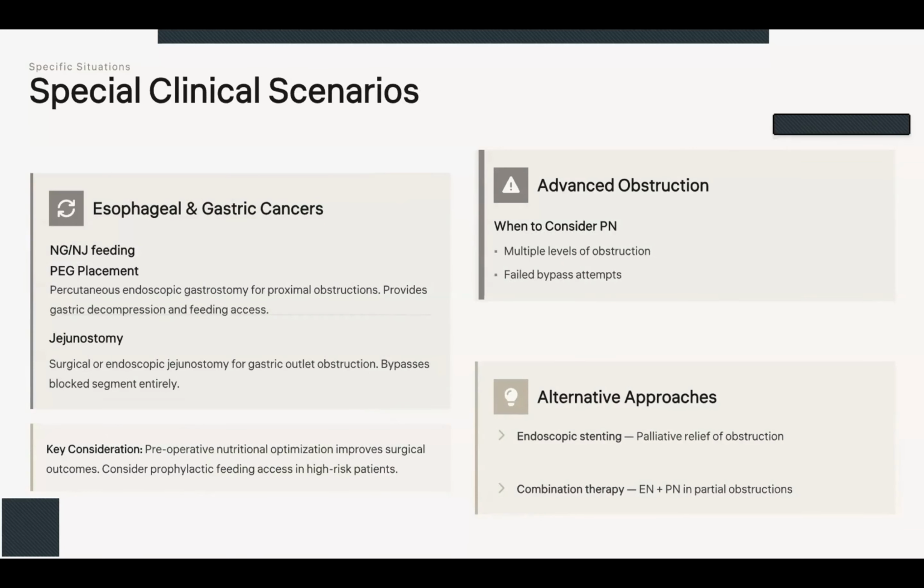In advanced obstruction, where multiple levels are involved or bypass is not possible, parenteral nutrition may be required. Alternative approaches such as endoscopic stenting or combination therapy using both enteral and parenteral nutrition can also be considered in certain patients. An important point here is that preoperative nutritional optimization is specifically important as it improves surgical outcome.